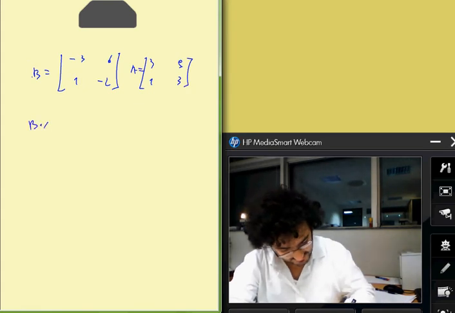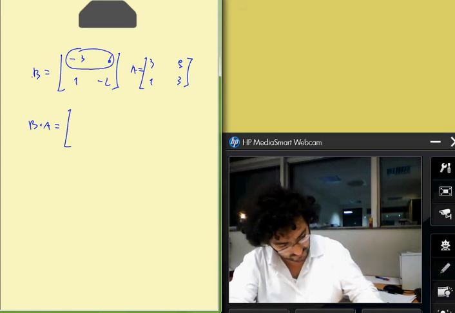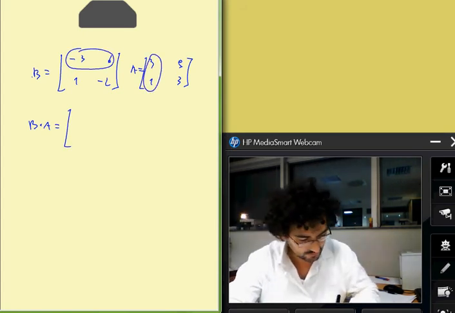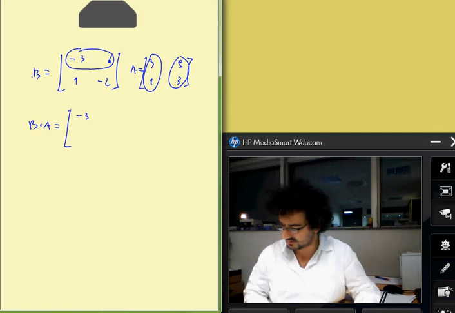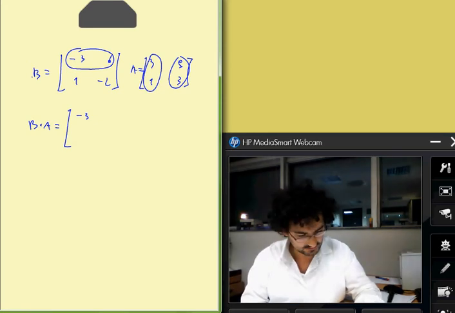B times A is equal to, we take first row, first column, minus 9 plus 6, minus 3, second row, minus 27 plus 18, which is, I think, minus 9.